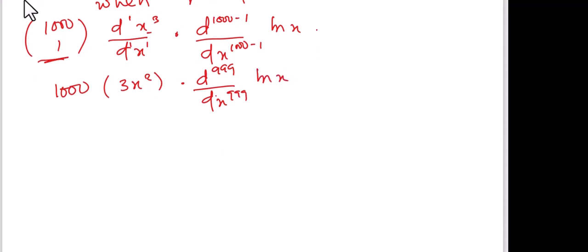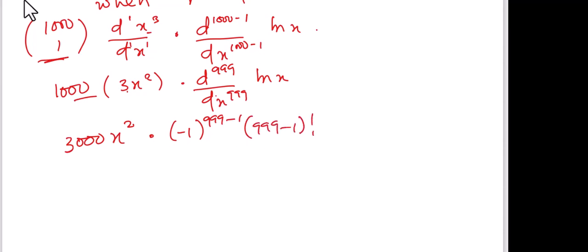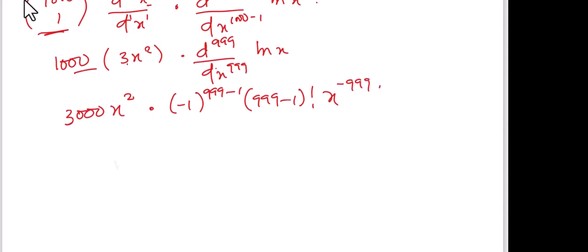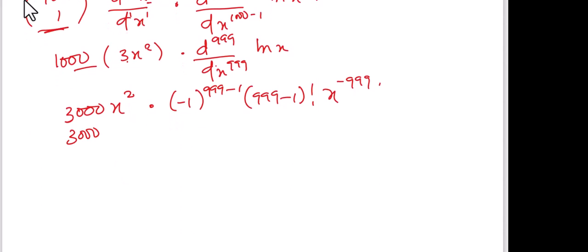But remember, this times this, you get 3000 x squared times negative 1 power 999 minus 1, (999 minus 1) factorial, then x power negative 999. So doing this, we get 3000 x squared times negative 1 power 998, then 998 factorial x power negative 999.